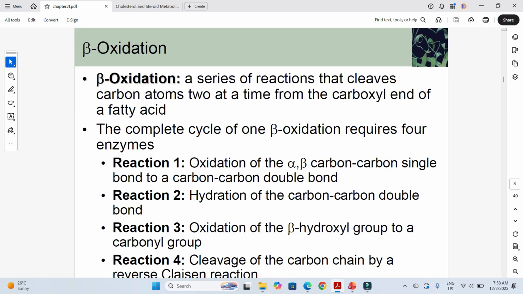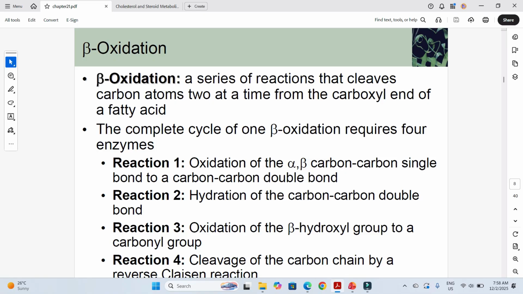So the complete cycle of one beta oxidation requires 4 enzymes. Reaction 1 is the introduction of a double bond at the alpha and beta carbon, the oxidation of the alpha-beta carbon-carbon single bond to a carbon-carbon double bond. It's a dehydrogenase that accomplishes that oxidation.